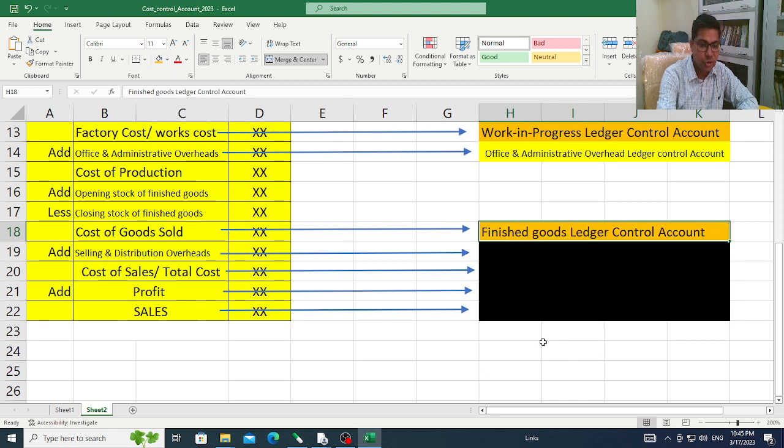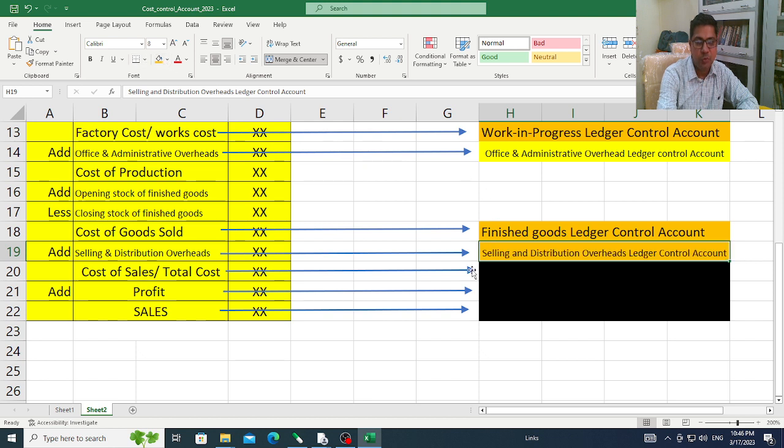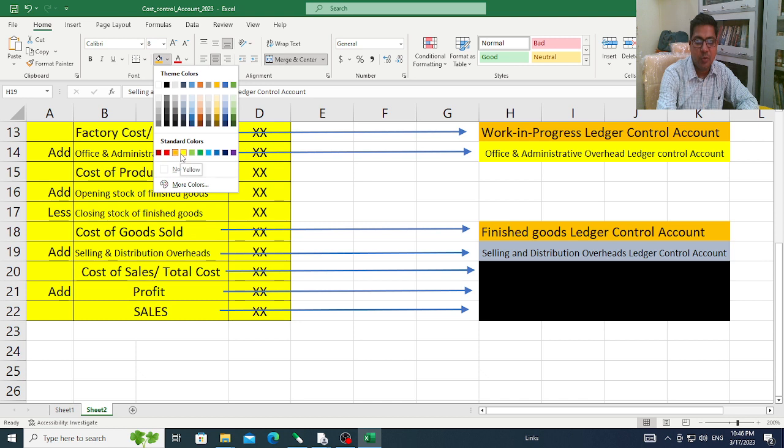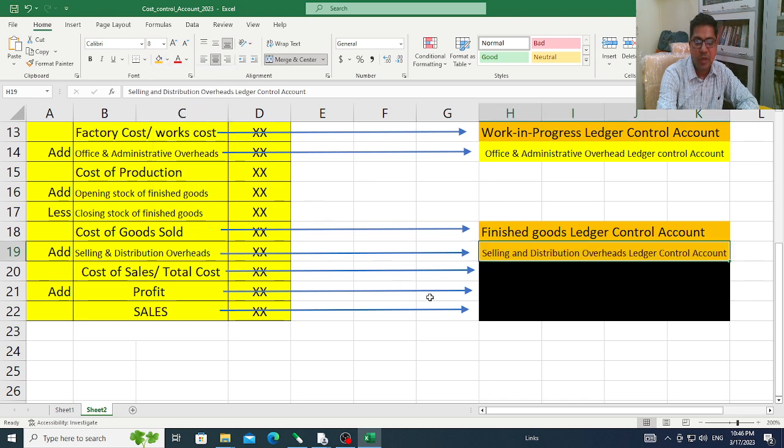It is a finished goods ledger control account. Then the selling and distribution overheads ledger, they will convert into the selling and distribution overhead ledger control account.